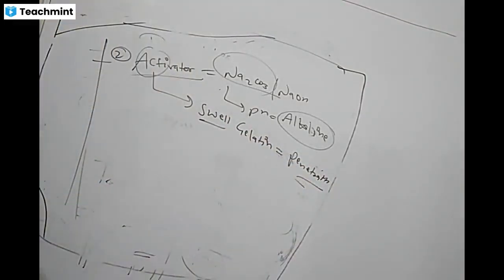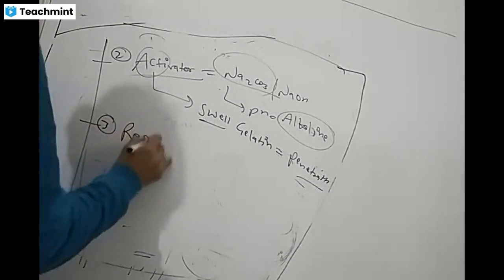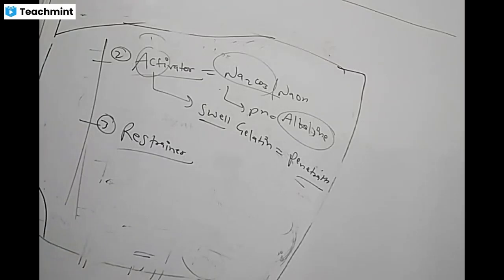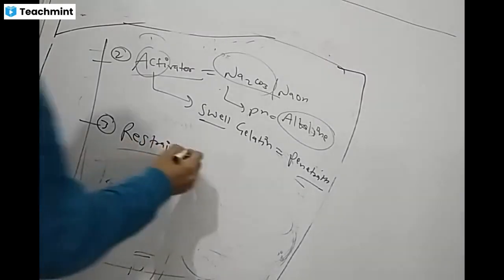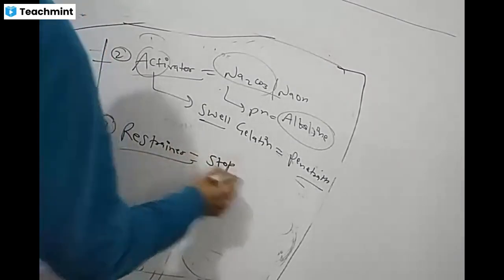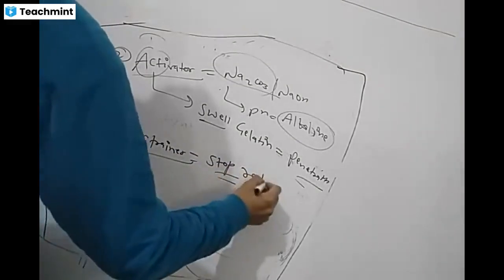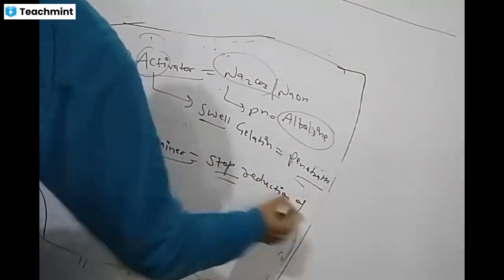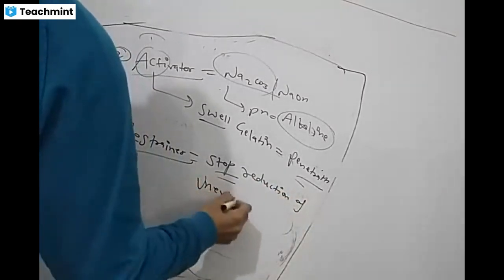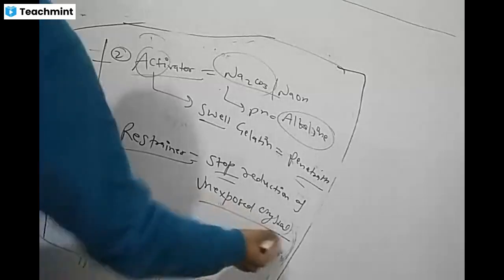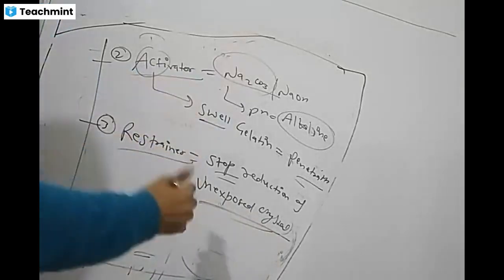The third component of this developer solution is the restrainer. Restrainer will restrain, it will stop the reduction of unexposed crystals. As I explained, the emulsion is having two types of crystal. One is exposed by the light, that is photon, and one is unexposed.